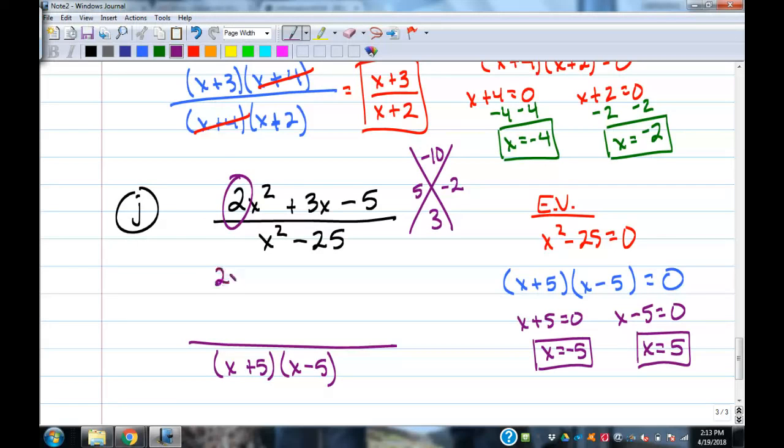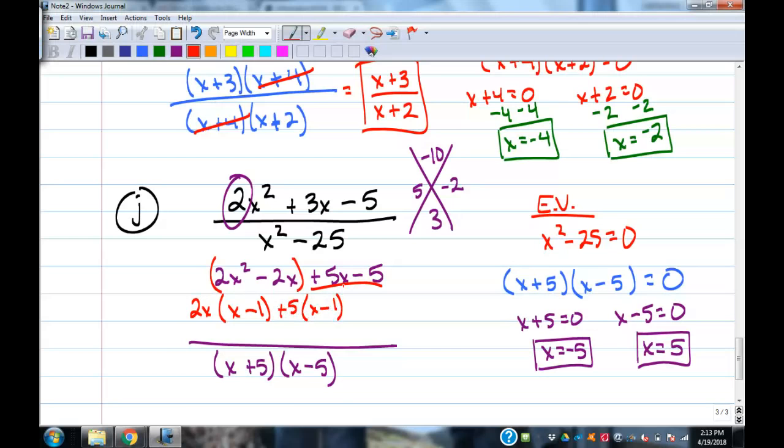So I would have 2x squared minus 2x plus 5x minus 5, and I would group that. What's the GCF of 2x squared and -2x? 2x. What would that leave in parentheses? Okay. And then the GCF of those two? 5, leaving x minus 1.